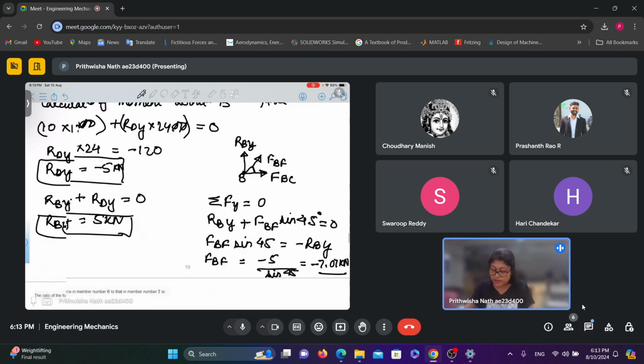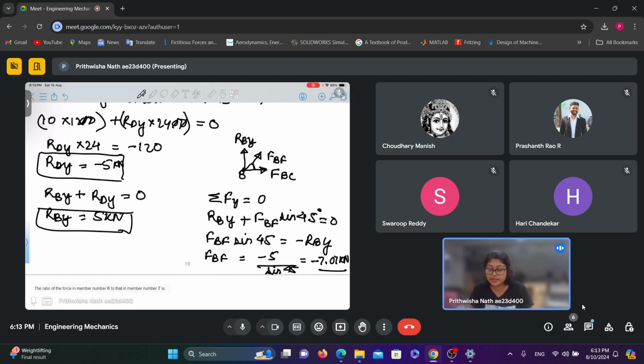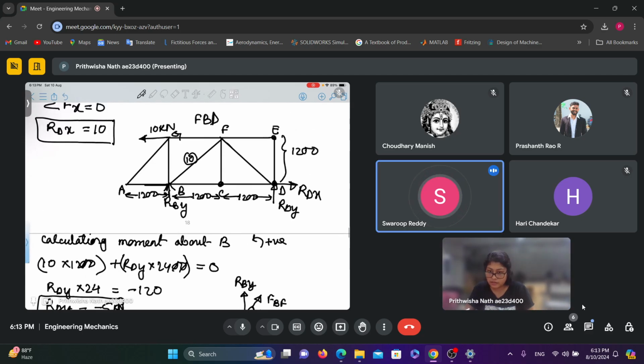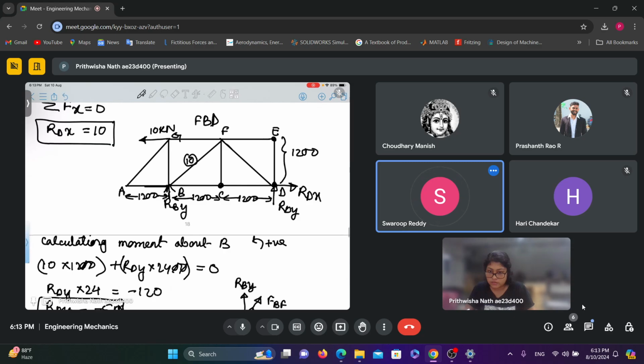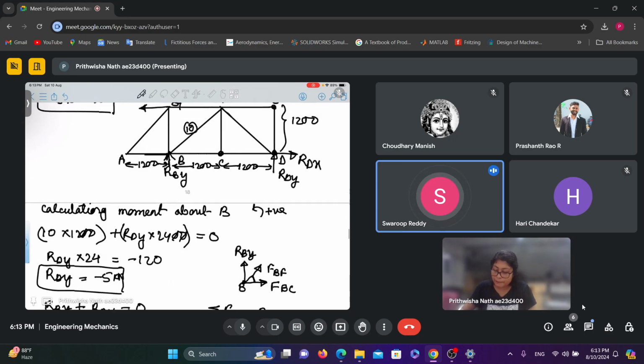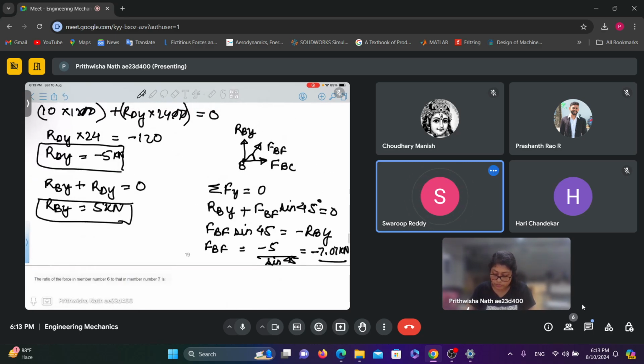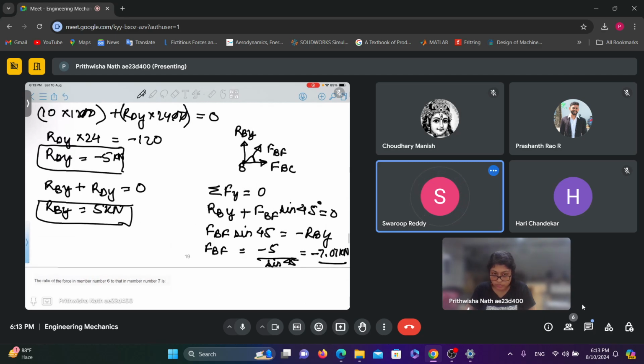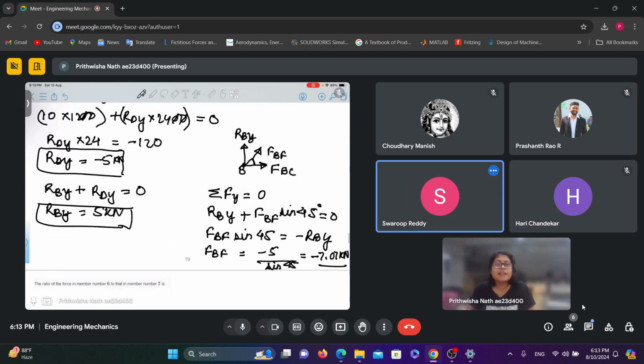Is this step clear? How I am getting this? Yes, ma'am. Are there any doubts regarding this? So FBF is the force in member 10. I have considered this joint and computed the force. Is there any confusion regarding this? No, ma'am.